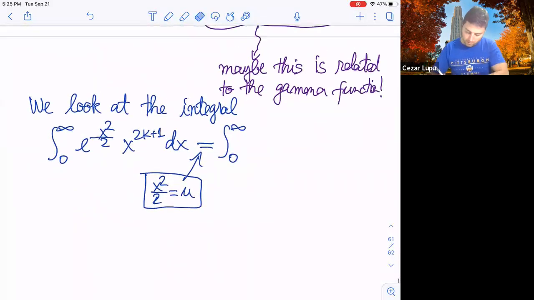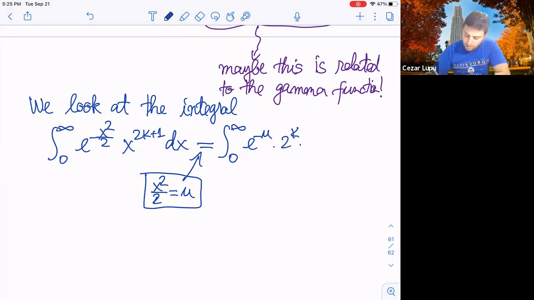So this would be the integral of e to the negative u times, well, let's see, 2 to the power k, right?